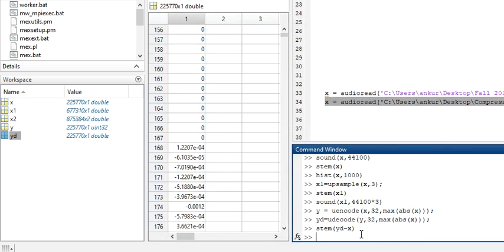So this was uniform quantization, but in telephonic systems or in communication systems where we work with human speech, we generally don't do a uniform quantization because of certain characteristics of human speech.